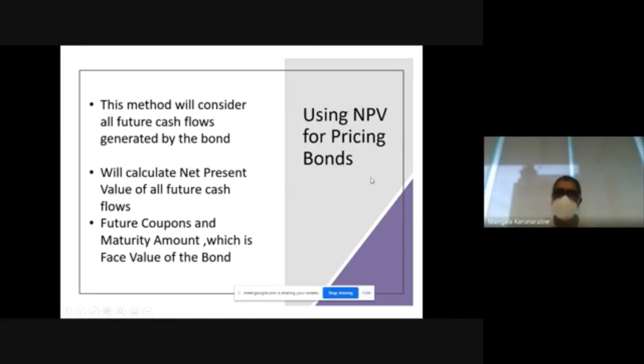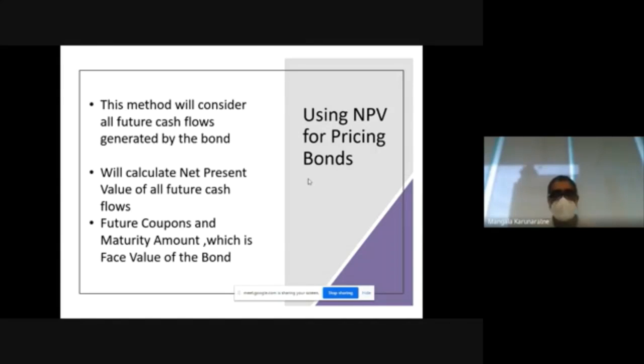This method considers all future cash flows generated by the bond, and will calculate the net present value of all future cash flows.